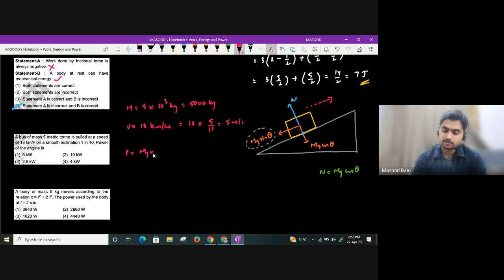Mg sin theta force, in order to make it move with some speed v, guys. And already inclination is given 1 in 10. So sin theta can be written as 1 by 10, guys. So what can we write this as? 5000 into 10, sin theta is 1 by 10, into 5. So you can cancel out 10 and 10. You'll get it as 25.